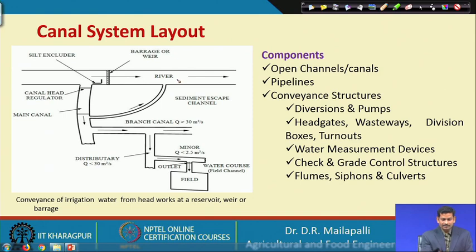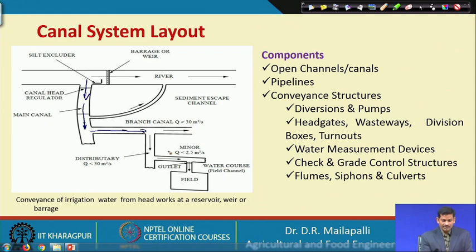This is basically the river you have seen earlier. From the origin of the water course, the canal head regulator is going to regulate the flow through the canal, and then the main canal starts, and from the main canal there are some branch canals.